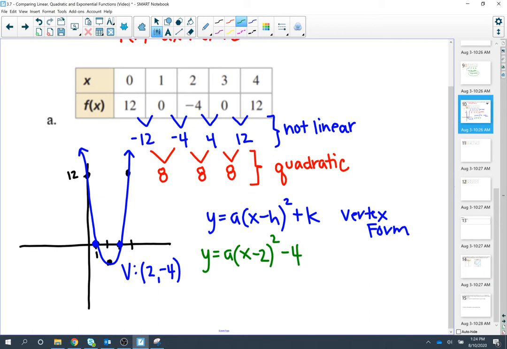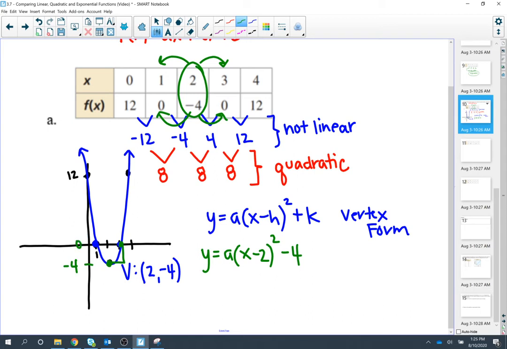So from my vertex, this is at 2, right? Over 1 would take me to 3. And then I have to get up here to this dot. So my vertex, we said, was at 2, negative 4. And I went over 1, up 4, because I'm down at negative 4 and these went up to 0.